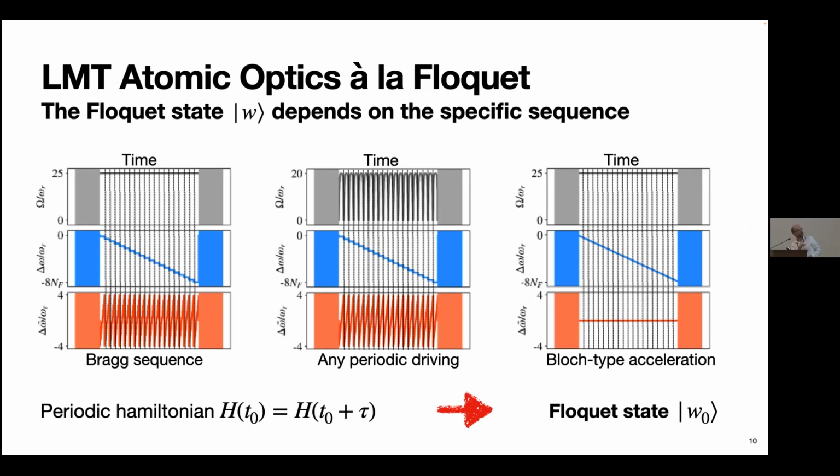So you have a constant amplitude for your lattice and a linear evolution of the frequency. And so in the accelerated frame, you have a constant phase, so a constant frequency. So this is also periodic. So actually, for any periodic driving of your lattice, you can find a Floquet state.